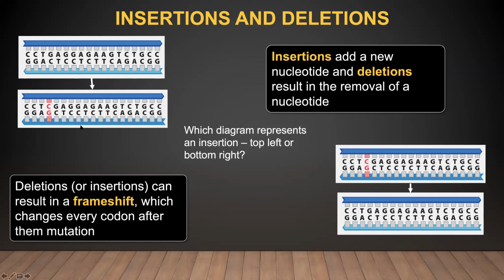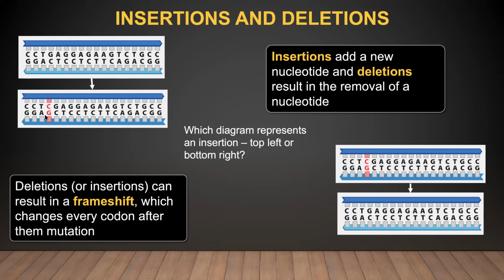So if we look at the one here in the upper left-hand corner compared to the one down here in the right-hand corner, which one of these represents an insertion and maybe which one represents a deletion? Does anyone see what those differences are? I hope I put them in here correctly. So what do you think this one here on the left is?